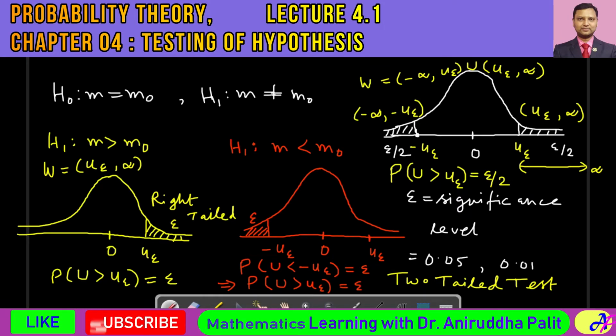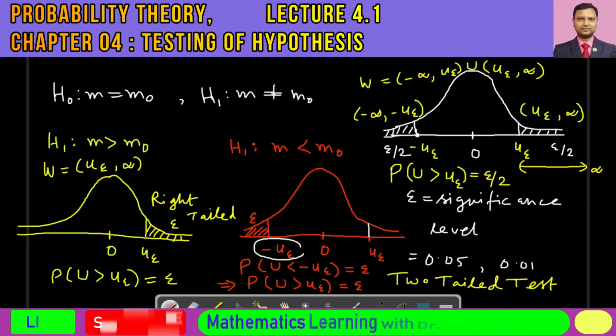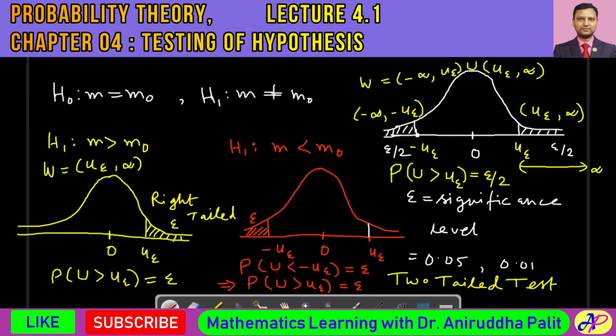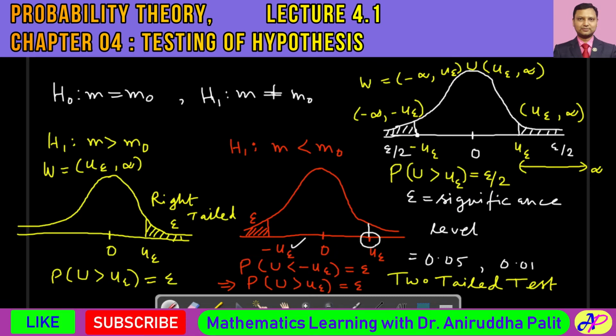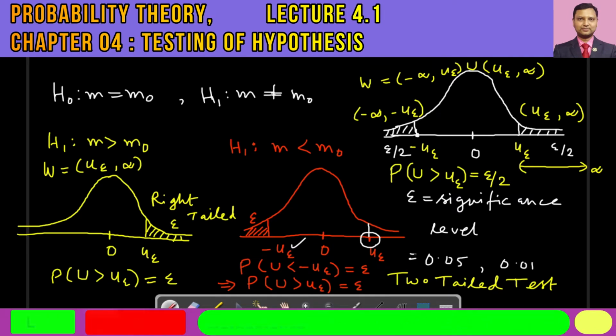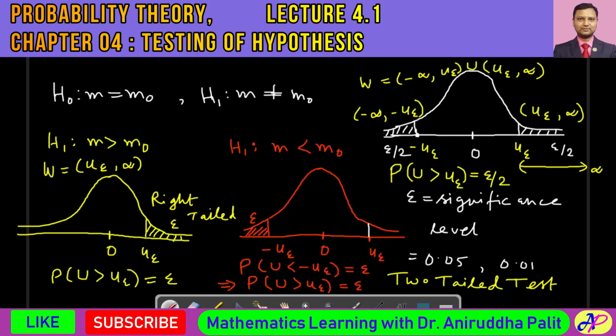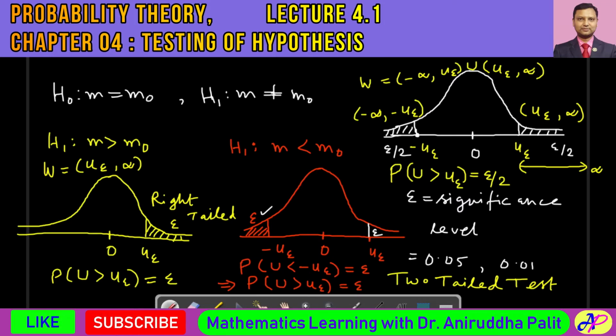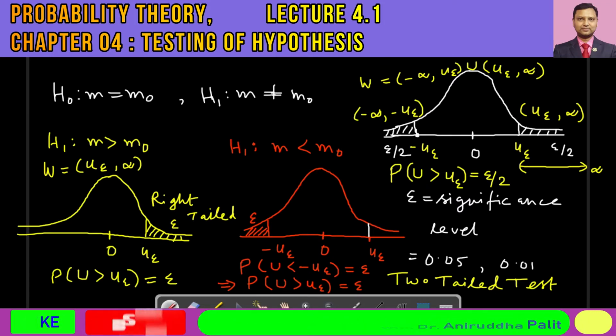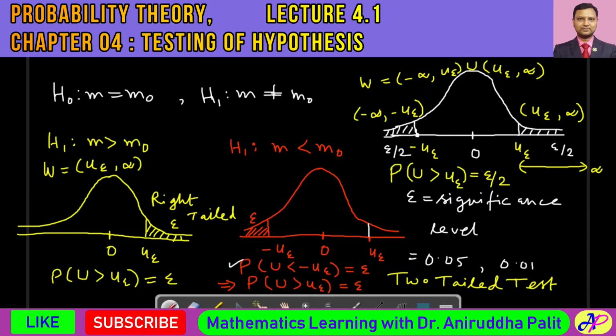What we are doing is that we are actually identifying a numerical value of this minus u epsilon. If suppose this is -5, we are trying to identify the value of u epsilon, whether it is 5 or 4 or something like that. And if this area is equal to epsilon, in that case this much area would also be equal to epsilon. So we are actually trying to identify the value of minus u epsilon, but we are taking the help of this much area.